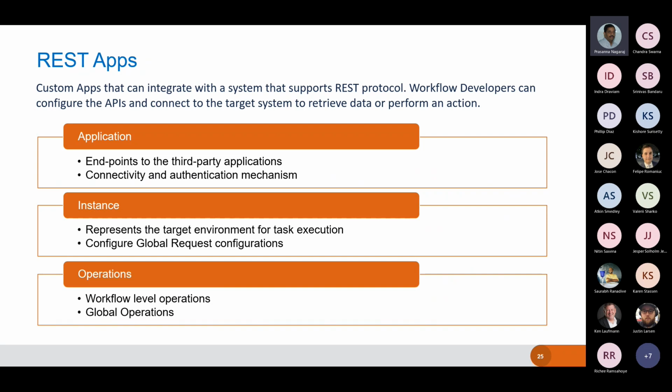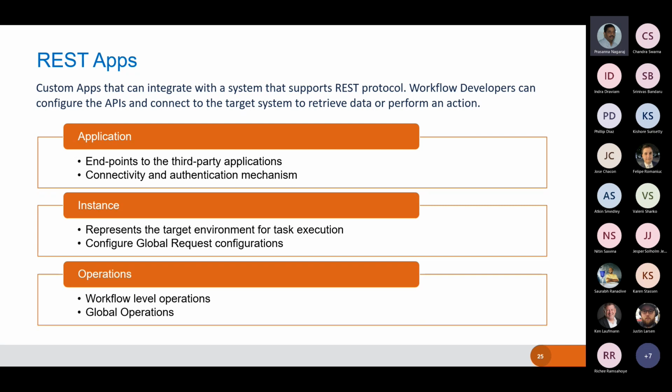Here, the endpoints to the third-party application, connectivity and authentication mechanism are configured at the application level. Then there are instances, where we configure the target environment for task execution, and operations, where we have workflow-level operations and global operations. The global operations are the ones we configure at the integration level.